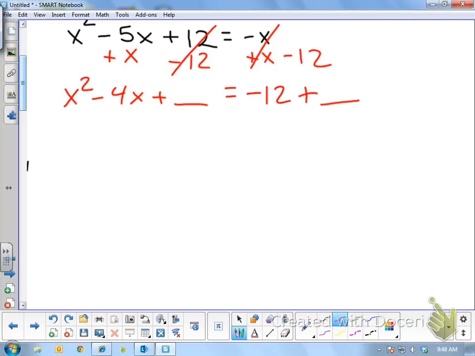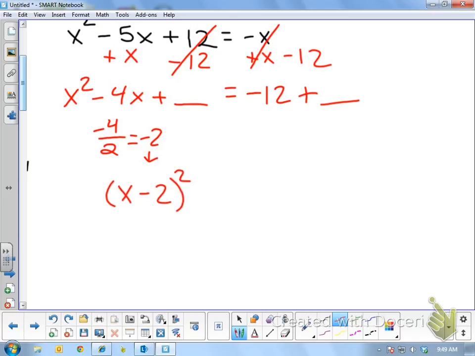Okay, so then we came up with a shortcut. We came up with a pattern that made this quicker so we didn't have to do the box method with this one. We take the middle number, divide by 2. That gives us what goes in our perfect square binomial.